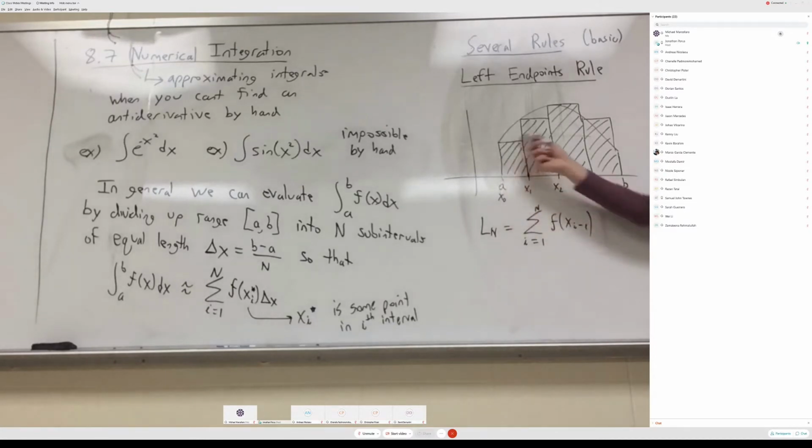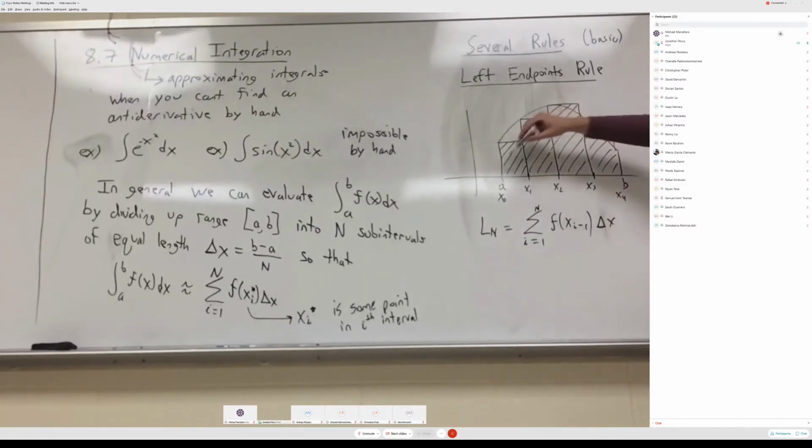So that'll give us x0 right there, times delta x. All right, so that's basically what we do. It's f of x0 times delta x plus f of x1 times delta x plus f of x2 times delta x plus f of x3. And that is, well, like I said, not a good approximation, but it's an approximation of the area under the curve.